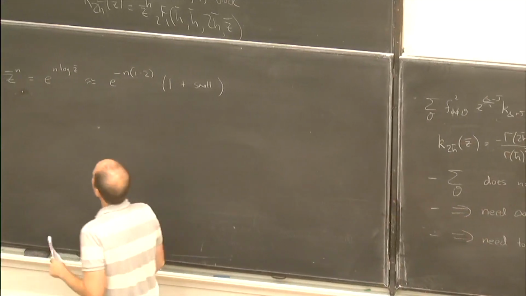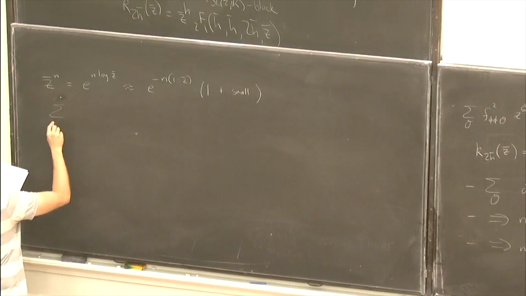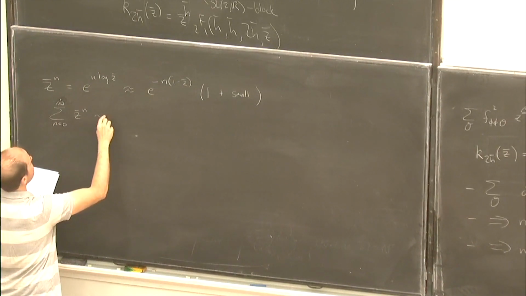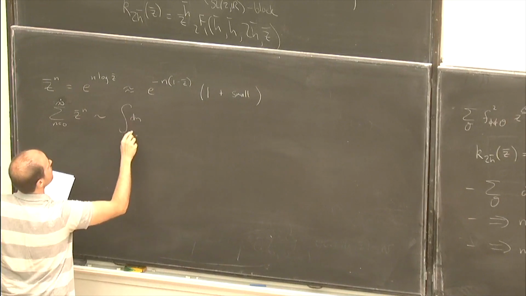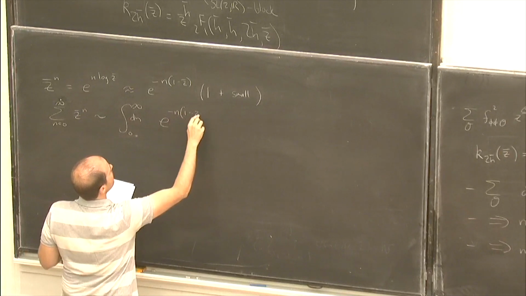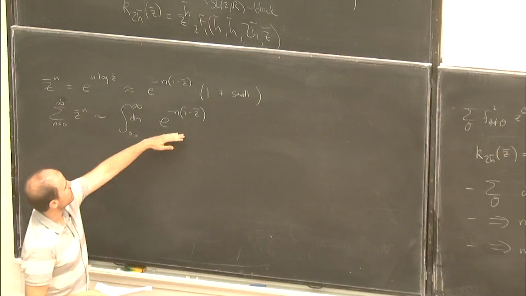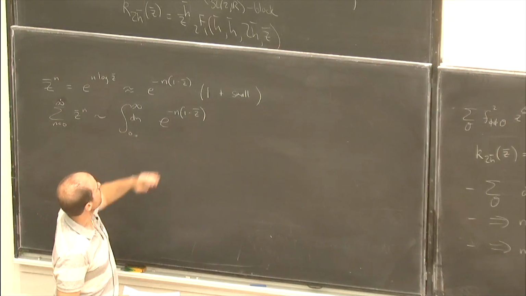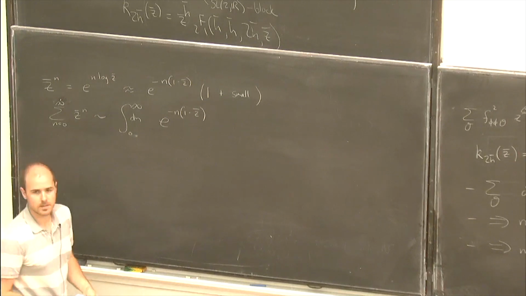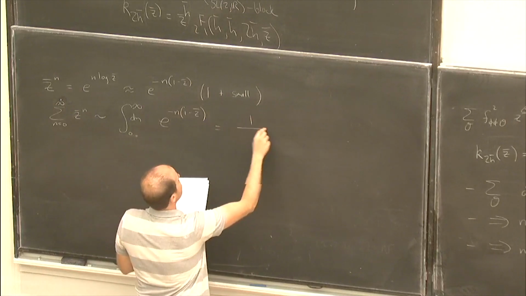Now we can estimate what happens. We can take the sum over n and approximate it as an integral. We're sticking a function in the integral that agrees with the thing we're interested in in the regime that's important. Now we can do the integral, and we get 1 over 1 minus z bar.